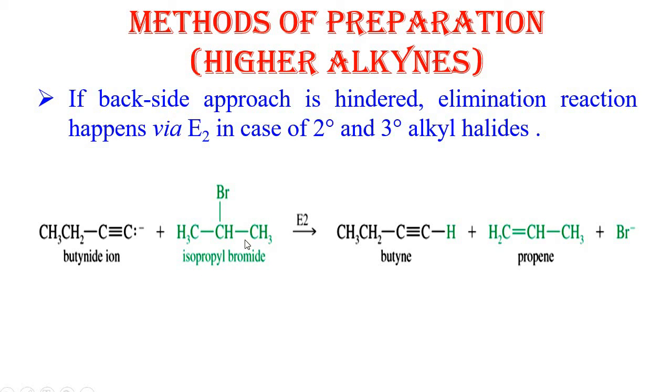So, in this case, the reaction takes place by E2 mechanism in which the acetylide ion abstracts hydrogen from the methyl group, and this forms butyne while the isopropyl bromide forms propene.